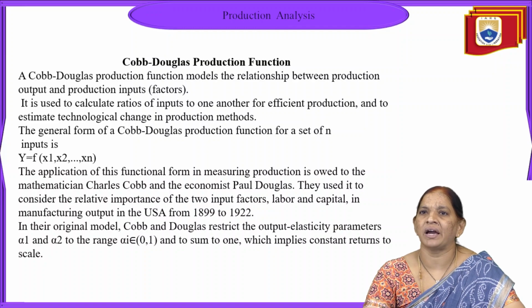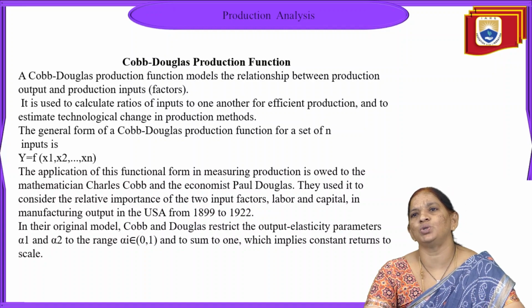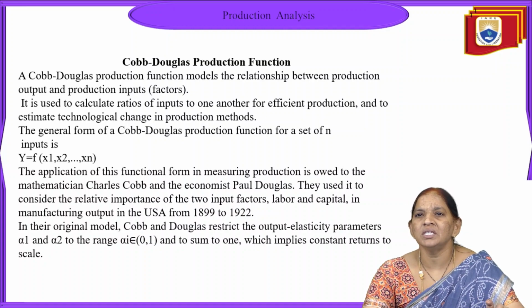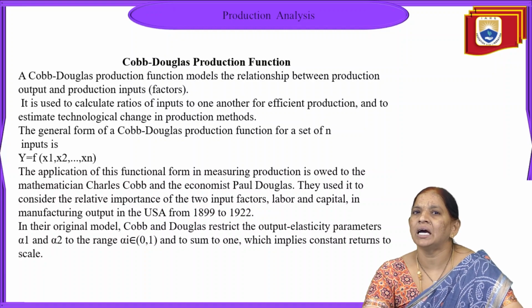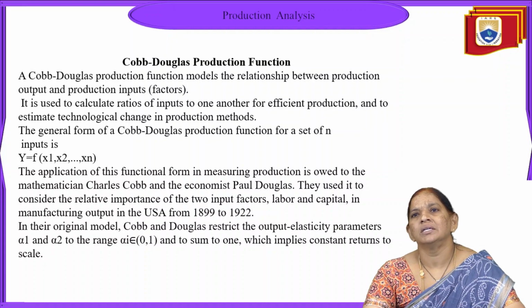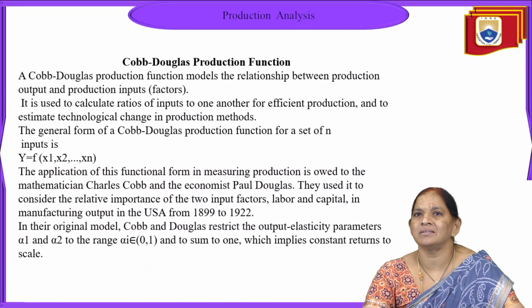Means what amount of change we can observe if labor changes, and the same we can do with capital. With this they did experiments and gave this function. That's why we famously call it the Cobb-Douglas production function.